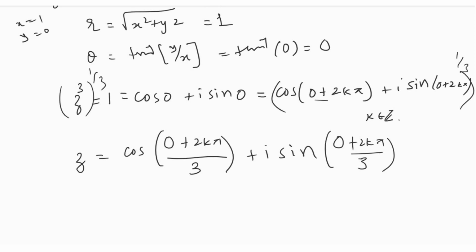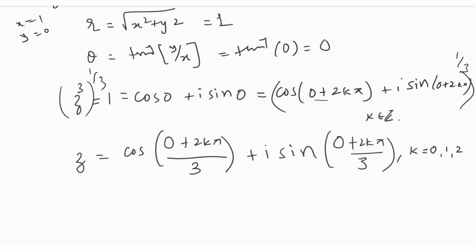So we have cos of (0 plus 2k pi) by 3 plus i sin of (0 plus 2k pi) by 3. And what are the values of k? It is 0, 1, 2, because after that the values are repeated.